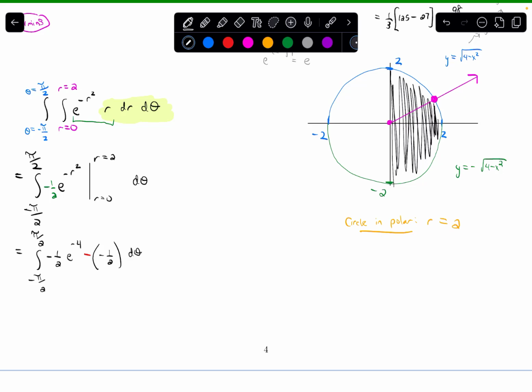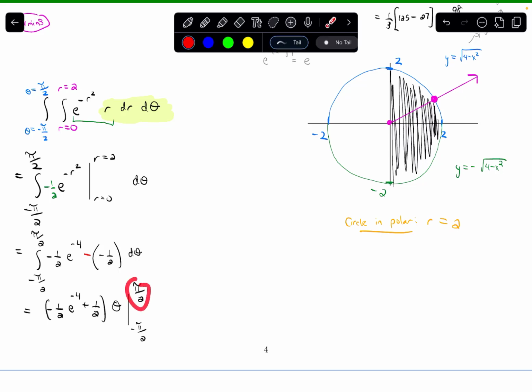And d theta. So what I have here now is just a constant in my integral. And the antiderivative of a constant is that constant times theta. So this whole thing times my variable theta. And then I got to plug in the values for theta, negative pi over 2 to positive pi over 2.